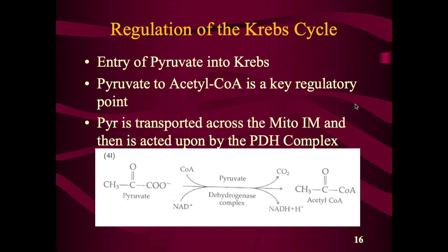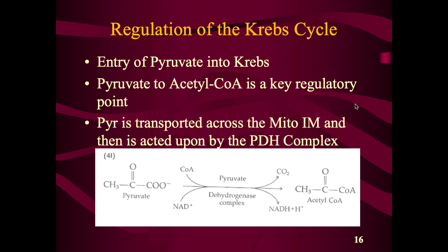But pyruvate can. Right? So here's the point. Let's say, for example, ETC wants to slow down the Krebs cycle. ETC can slow down this reaction. That allows pyruvate to go back into the cytosol.